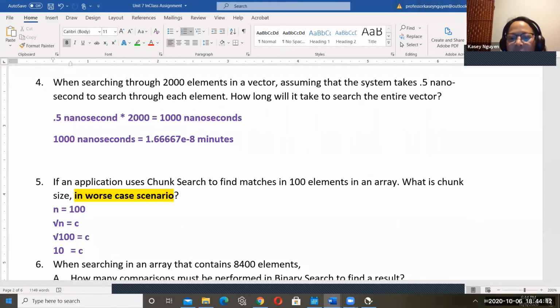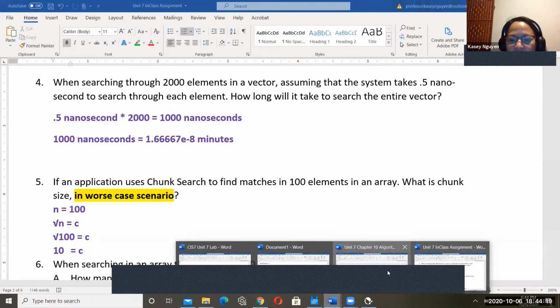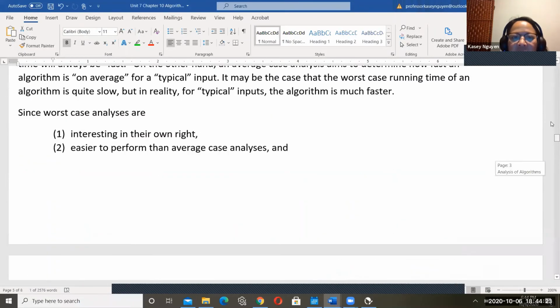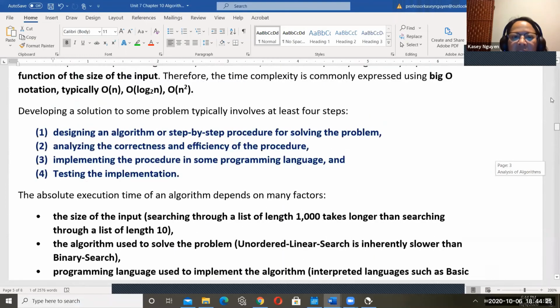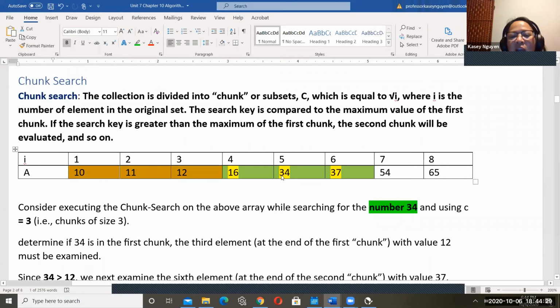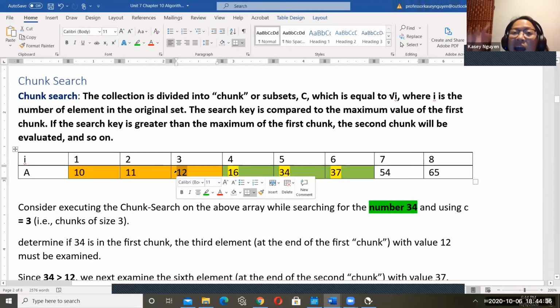So let me flip back to the notes so I can show you an illustration. It's a lot easier to see. Let's go back to the example from the beginning real quick, the one with the 8. The whole point is not to have it evaluate every single chunk, but to put the marker on the highest value for the previous chunk.